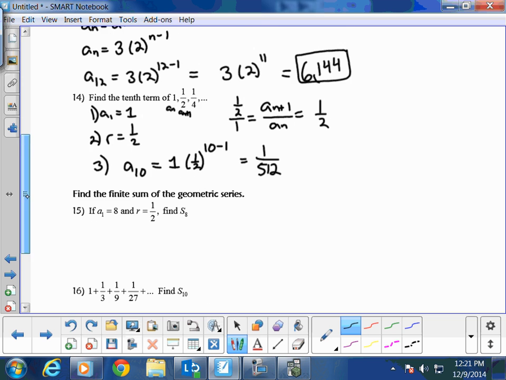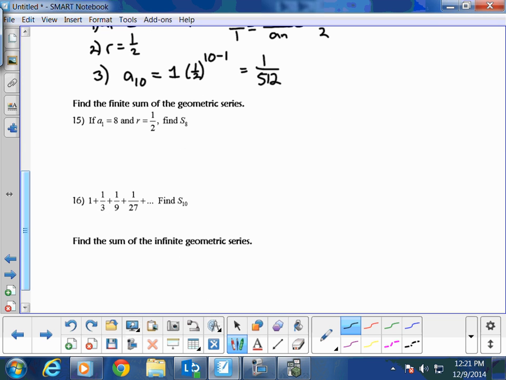Now with this one, they want us to find the finite sum of this geometric series. For that, we have to use this equation, which is S of n is equal to a 1 minus r to the n divided by 1 minus r. From here, this becomes just a simple act of substitution. 1 minus r, which in this case we know is a half.